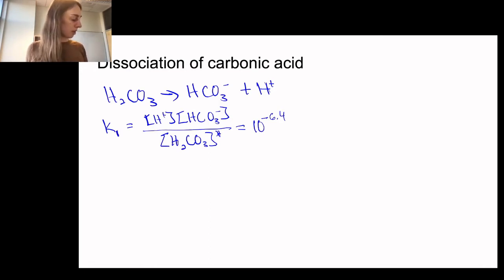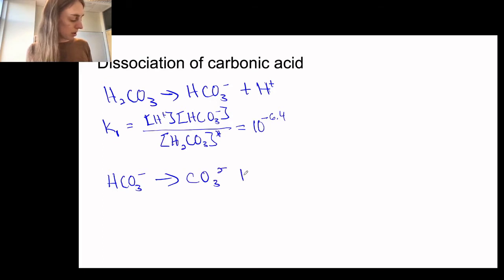The second step is taking our bicarbonate and dissociating it further, taking off that other proton and turning it into carbonate and yet another proton.